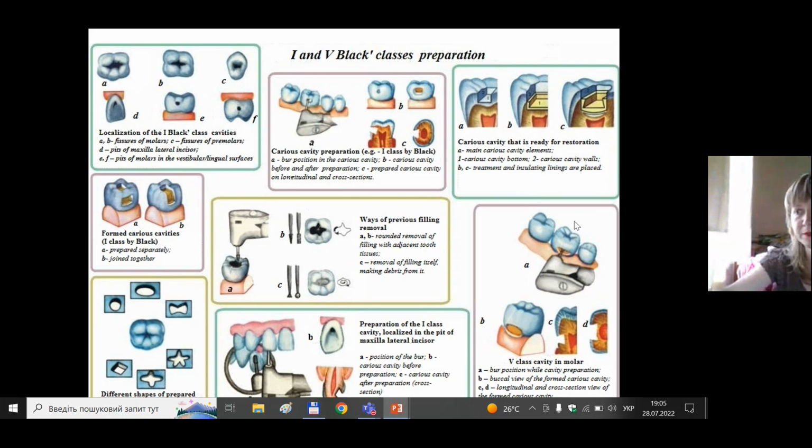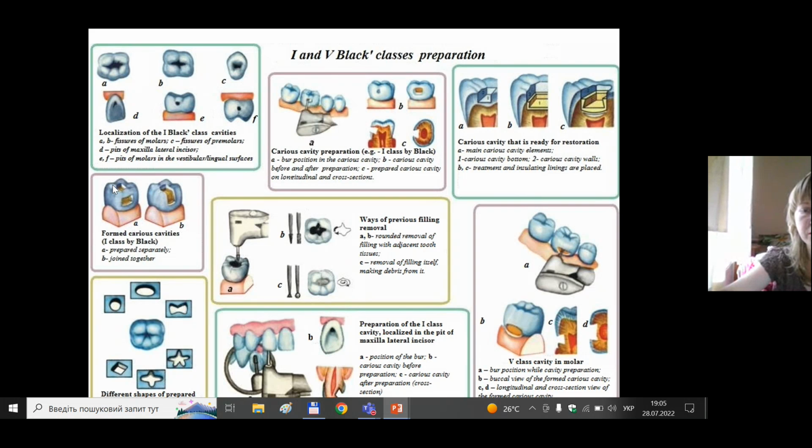And in the fifth class by Black, the shape of this cavity is kidney-shaped or oval. The bottom wall, the wall that is close to the gums, should resemble the gum line.